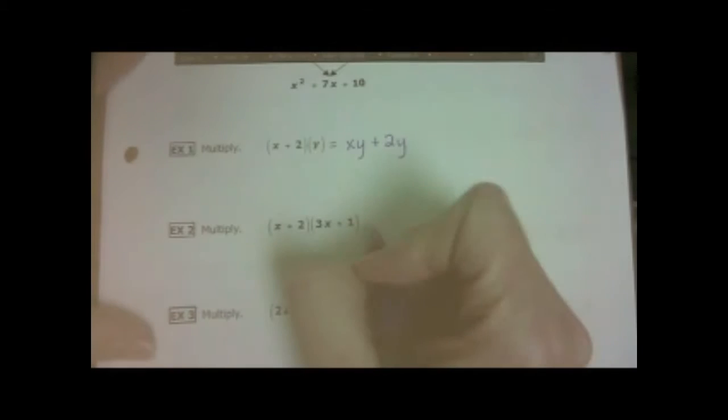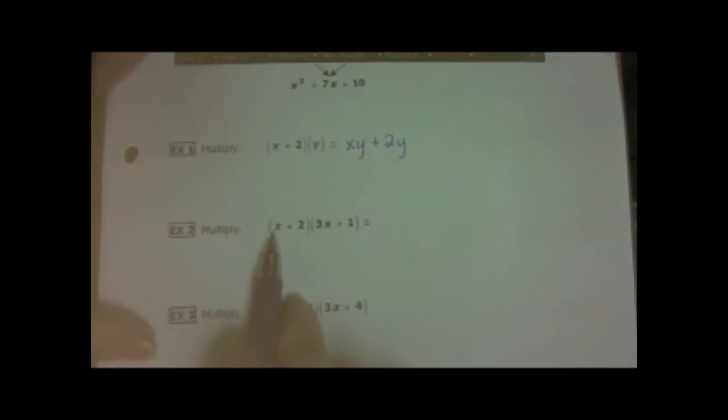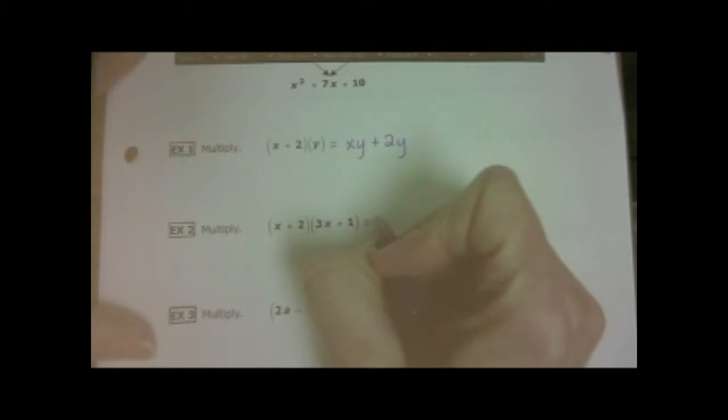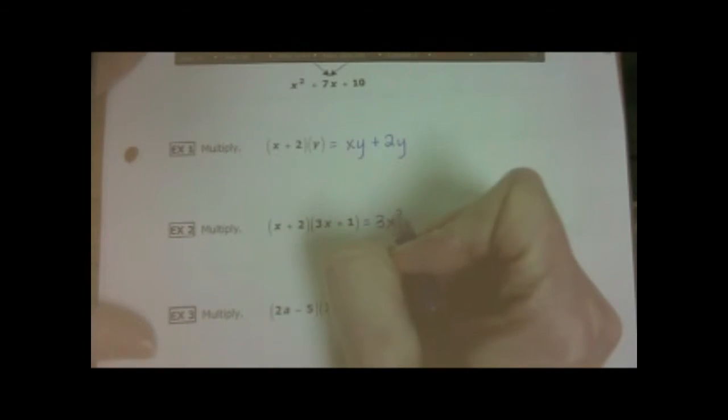The first one here is a binomial times a monomial. This is simple, just distribute. So I've got x times y is xy, and 2 times y, which is plus 2y. Very simple. Here I've got a binomial times a binomial, and whenever you have that, you're going to use FOIL. So my first, x times 3x, is 3x squared.